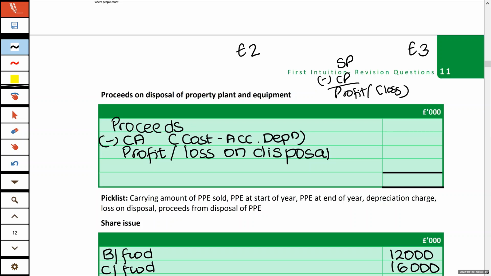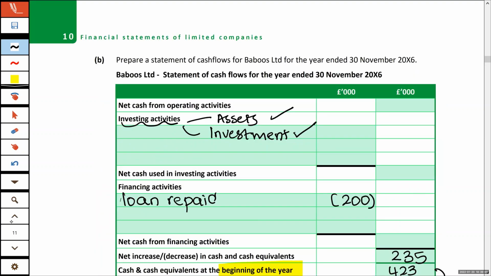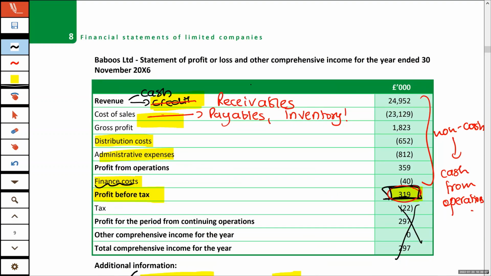So here, we've not been told our proceeds, but we've been told what our loss is. We've been told our loss is 812. Have we been told our carrying amount? Yes, we have. But they've not given us carrying amount directly. They've given me the cost and the accumulated depreciation.